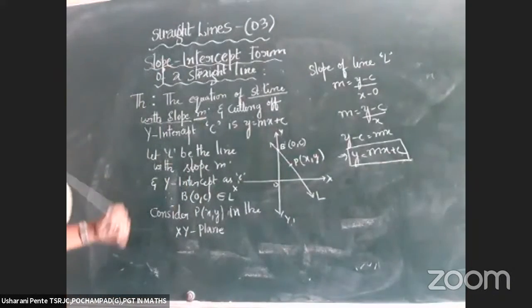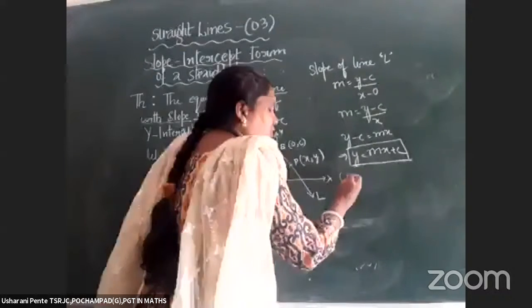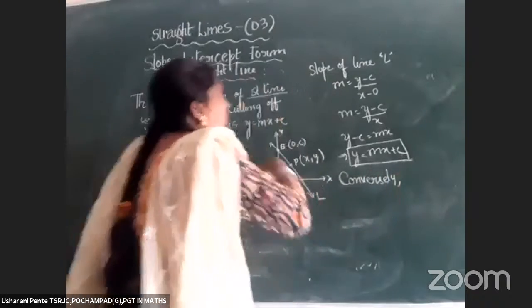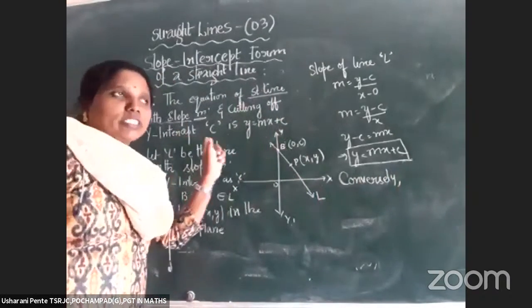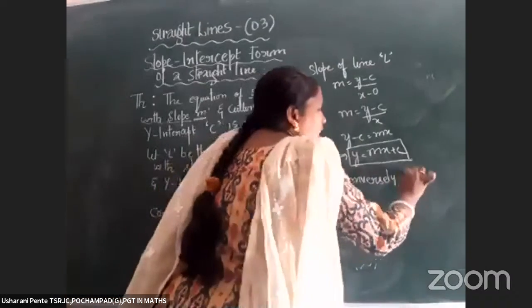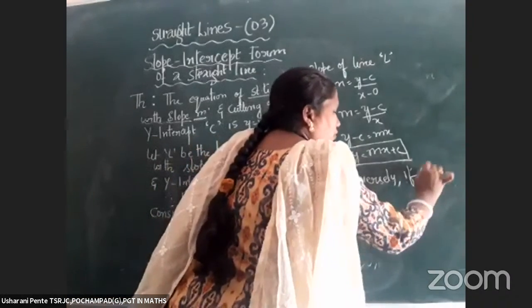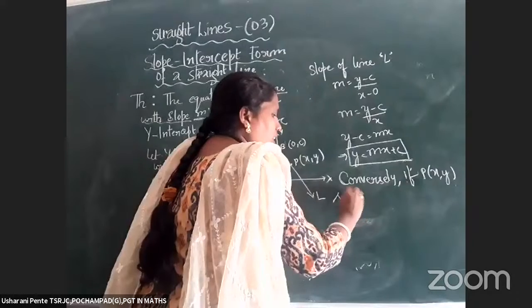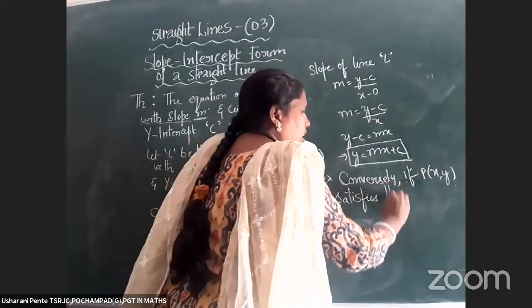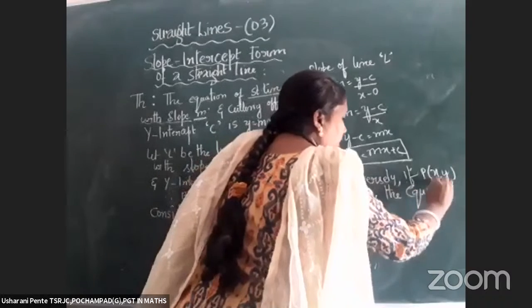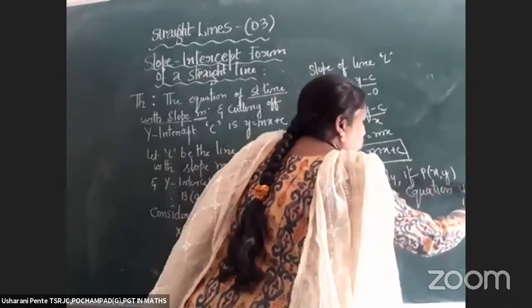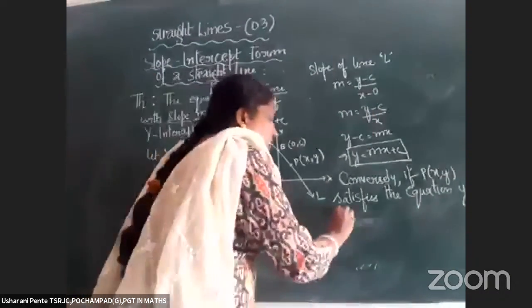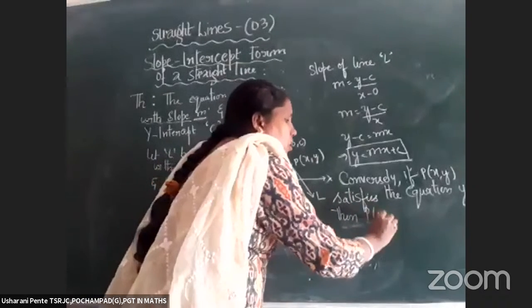Next, conversely, we need to prove: if the point P satisfies the equation y equals mx plus c, then P should be on the line.